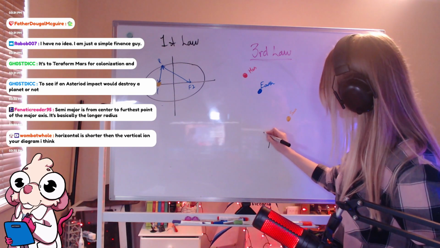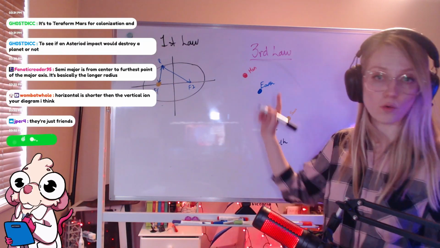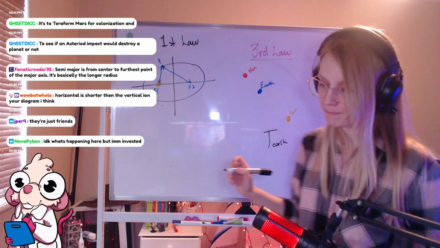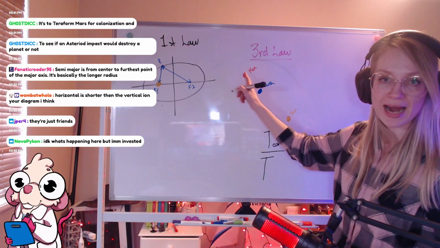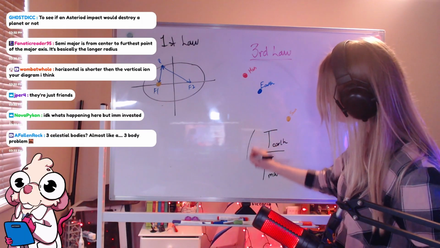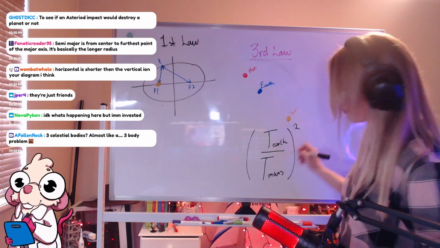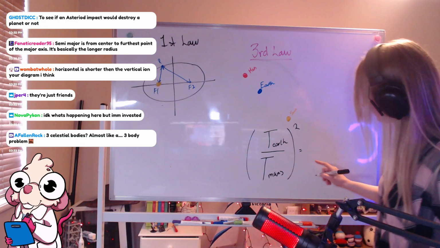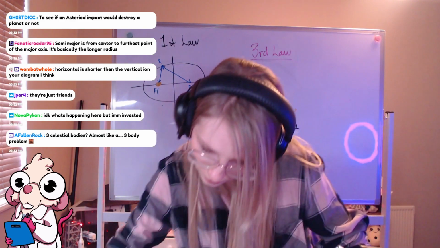The time it takes for Earth to orbit over the time it takes for Mars to orbit, all squared. Let me get this right. I think this is equal to, what does it say?